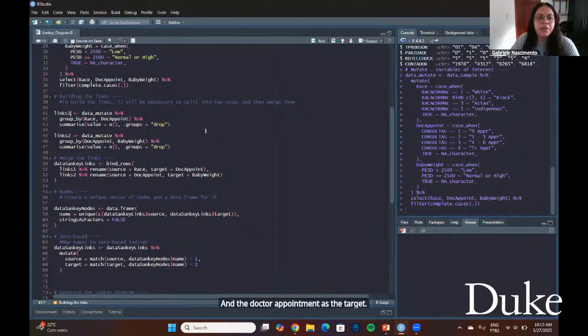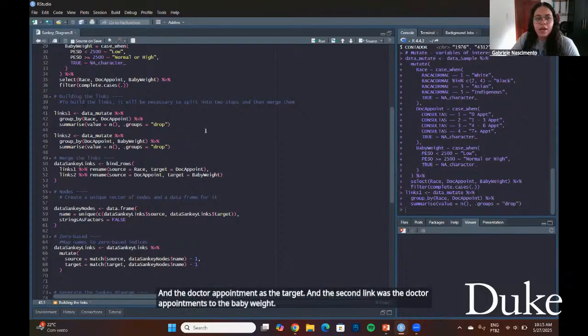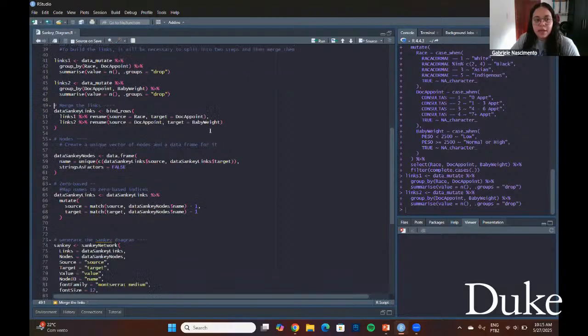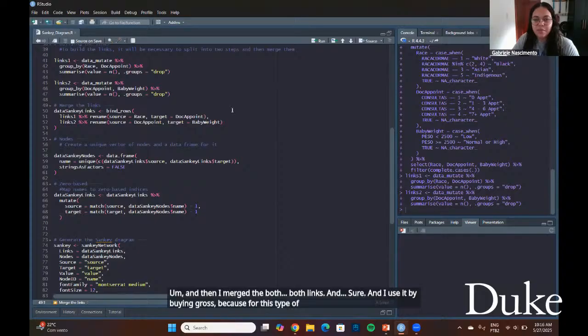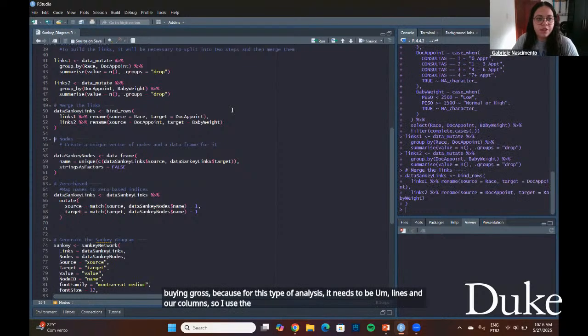And the second link was the doctor appointments to the baby weight. And then I merged both links, and I used bind rows because for this type of analysis it needs to be rows and not columns. So I used bind rows to merge them.